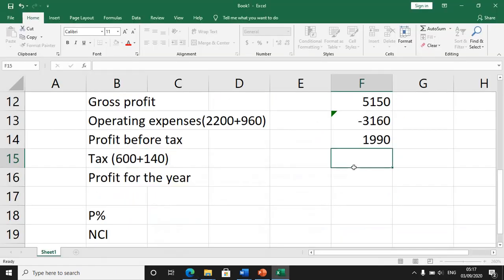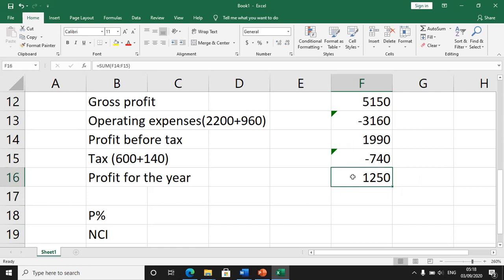All right, so what we have is our, because I want to put the figure as negative, I think I'll do that. Okay, so what is the profit for the year? Profit for the year will be the sum of all these amounts.